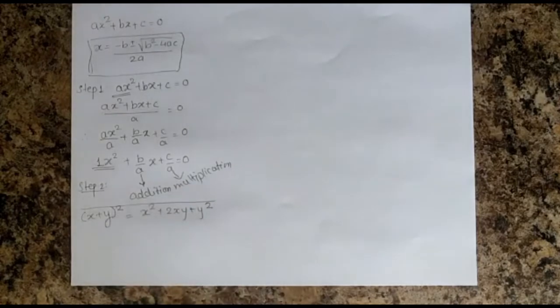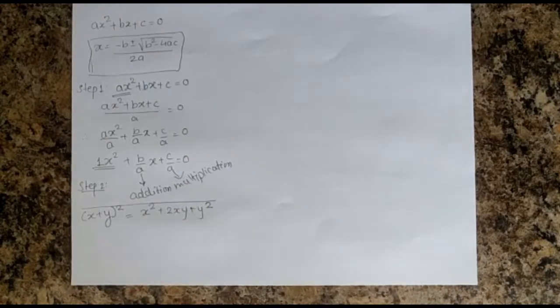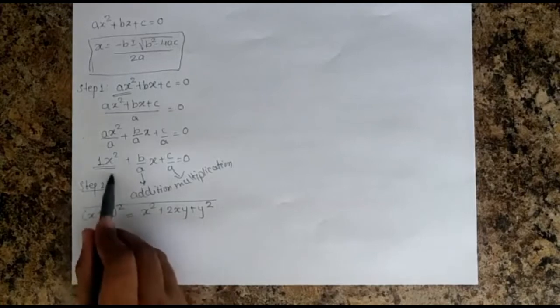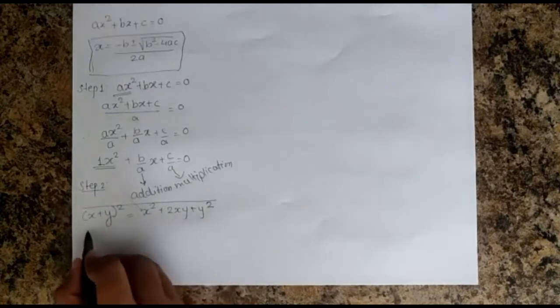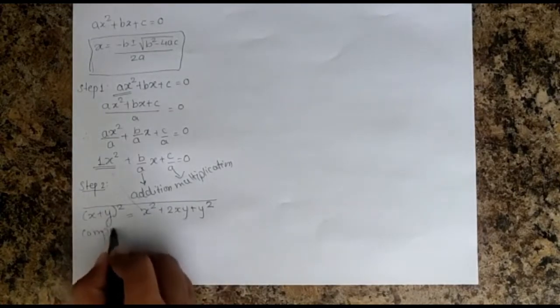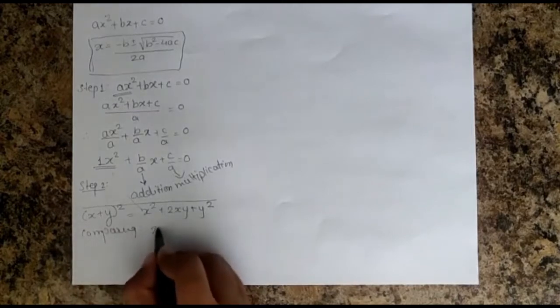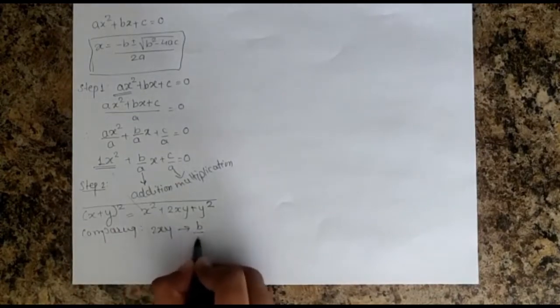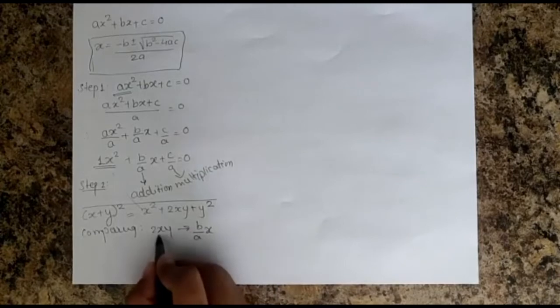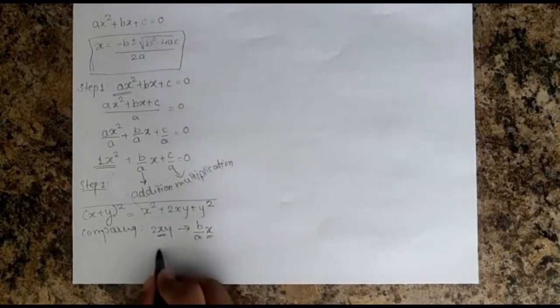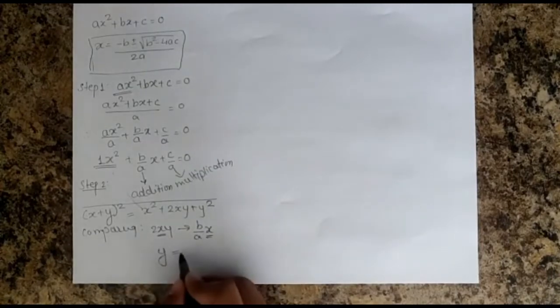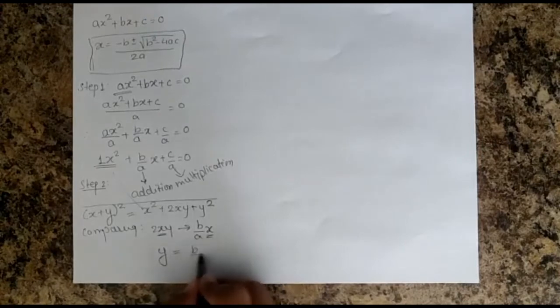Why are we going to do this? Just to find a term which we can add or subtract from both the sides. So if I look, x square is same, 2xy and b upon a x. So when we compare 2xy with b upon a x, we can see like this x gets cancelled and y becomes b upon 2a.